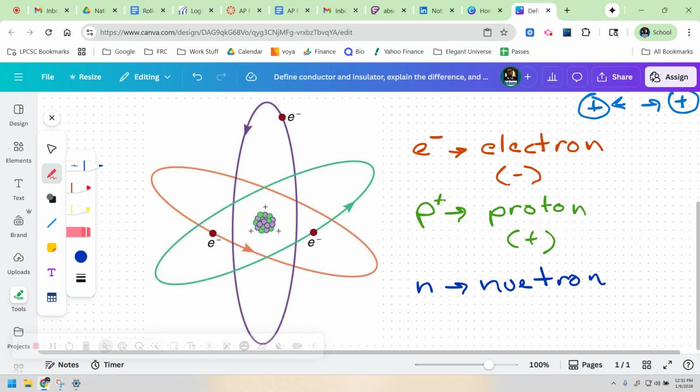We know that it's actually slightly different than this, but this is a great concept to help us understand how things are going, right? So the charges of electrons and protons are identical in magnitude but opposite in sign.